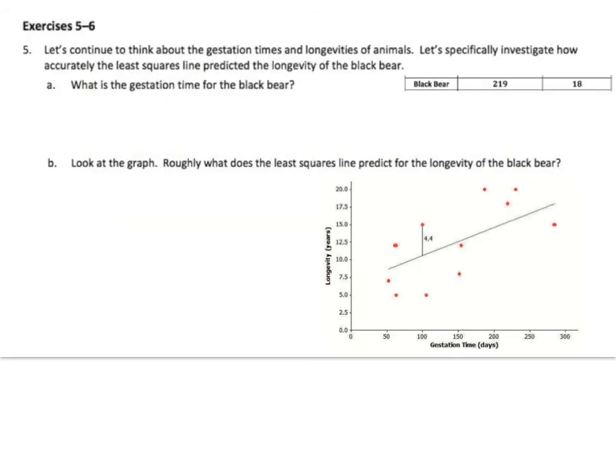Let's continue to think about the gestation times and longevities in animals. Let's specifically investigate how accurately the least squares line predicted the longevity of the black bear. What is the gestation time for the black bear? I went to the table and looked it up. 219 days. So look at the graph.